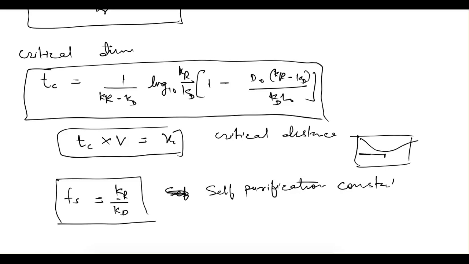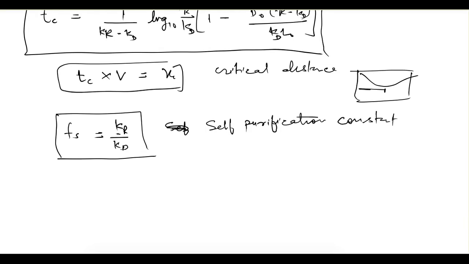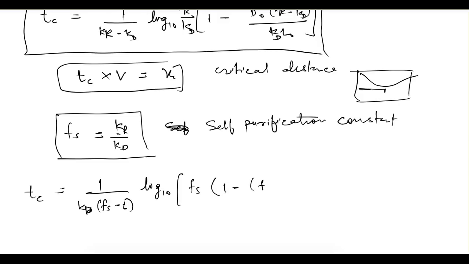So these equations are modified in terms of this self purification constant, that also let's see. So tc is given as 1 upon kd into (fs minus 1) into log 10 of fs into 1 minus (fs minus 1) D naught upon L naught.